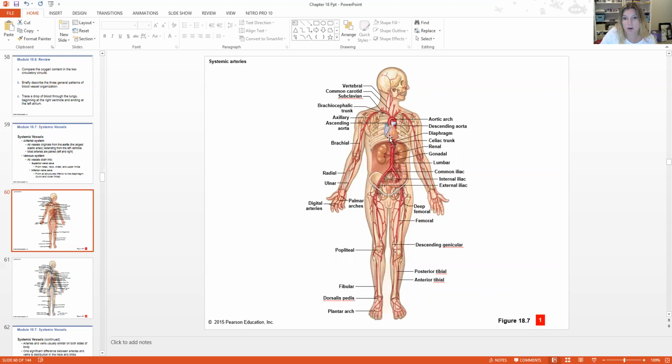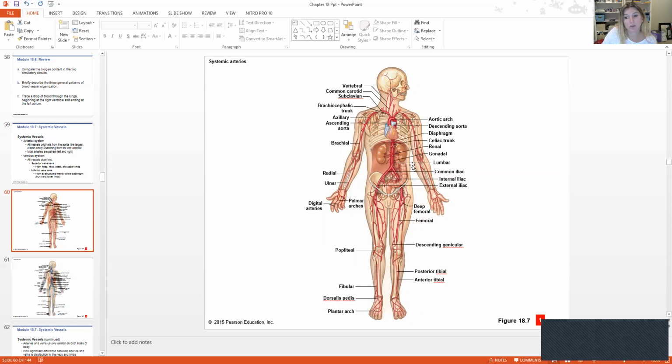Here you can see all of the arteries of the body. Again, you can see that aorta starts with ascending, the aortic arch, and then descending, and then it branches at about belly button level into our common iliac arteries, which then branch from there. And so let's remember, for example, what I was mentioning in the last lecture about how our vessel names change.